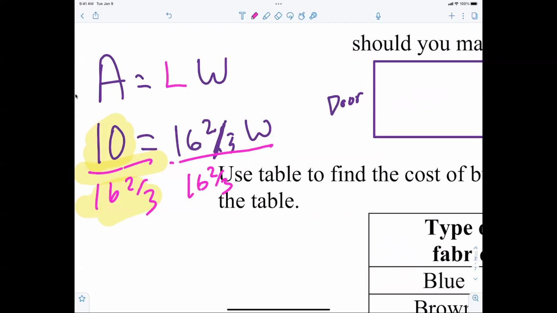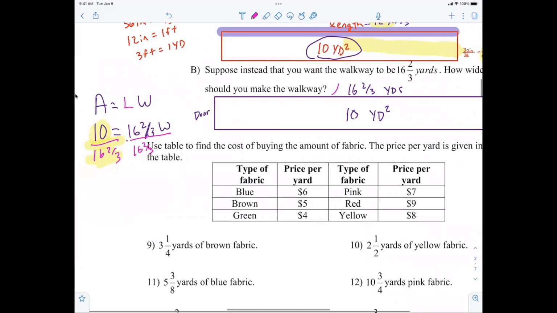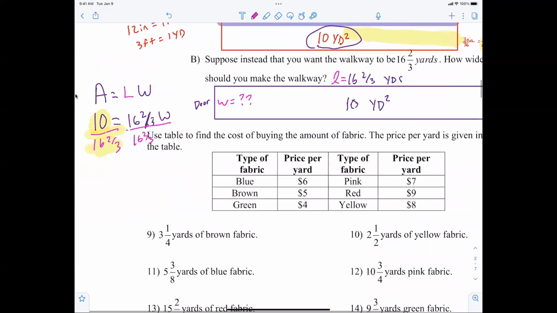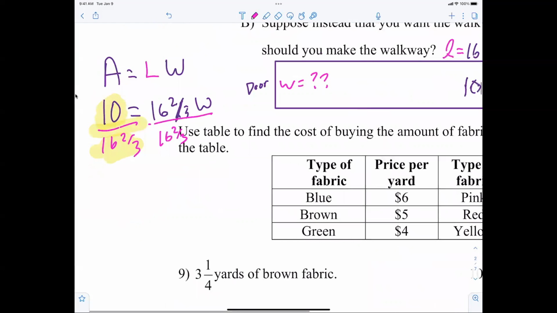You with me on this? Yes. This is my length and my width is unknown, and my area is 10. Right? So I replace the area with 10. I replace the length with 16 2/3. So to solve for W, I had to divide both sides by 16 2/3.